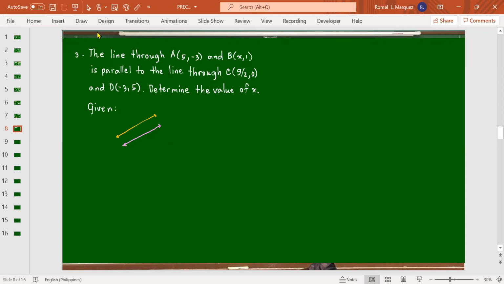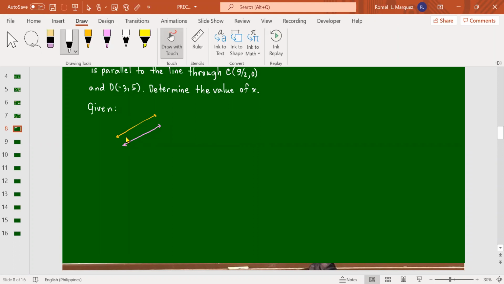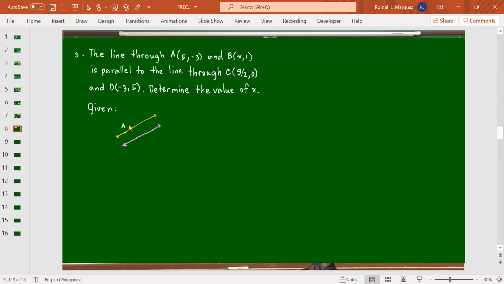But what we know is they are parallel. The first line contains 2 points, A and B. The second line contains C and D, no? We're looking for the value of x satisfying the given condition. First, let's solve for the slope of line AB.